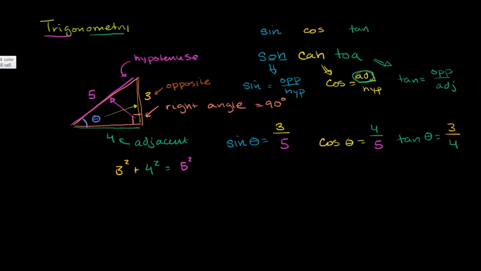Now, let's think about another angle in this triangle, and I'll redraw it just because my triangle is getting a little bit messy. So let's redraw the exact same triangle. Once again, the lengths of this triangle are: we have length 4 there, length 3 there, length 5 there.